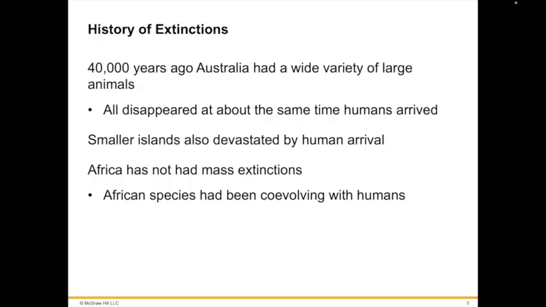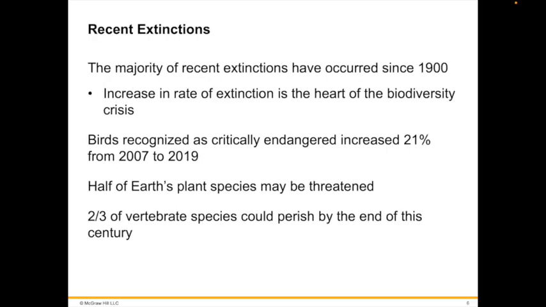Unfortunately, the situation is worsening. For example, the number of bird species recognized as threatened increased 21% from 2007 to 2019. And a recent report suggested that as many as half of Earth's plant species may be threatened with extinction. Some researchers predict that 2/3 of all vertebrate species could perish by the end of this century.